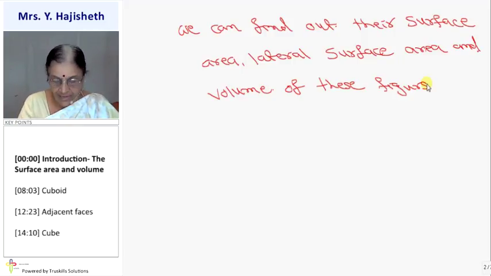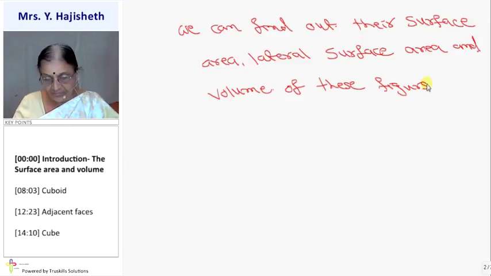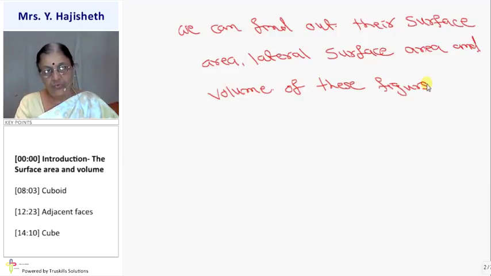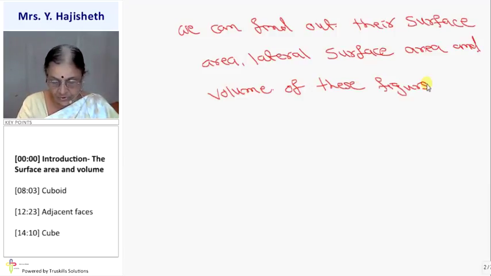In our day-to-day life, we come across objects like a wooden box, matchbox, tea packet, chalk box, a dice, a book, right? These are all cuboid or cube in shape. They all have a similar shape. So first we are talking about cube and cuboid.